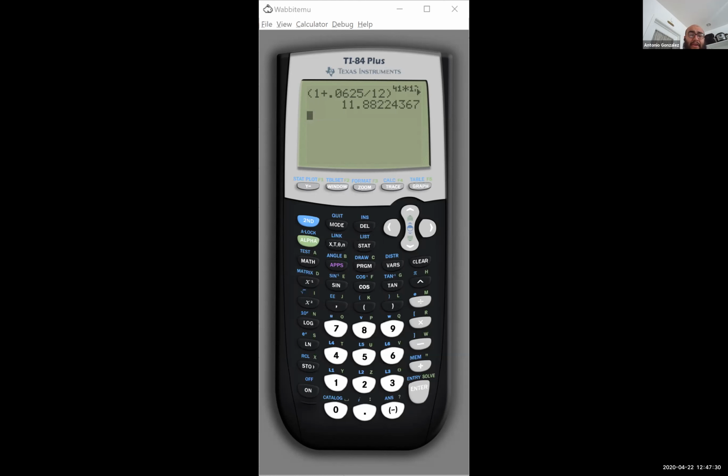Then we calculate the quantity in the bottom, 0.0625 divided by 12, which gives 0.005. Again, I'll go at least 3 decimal places.